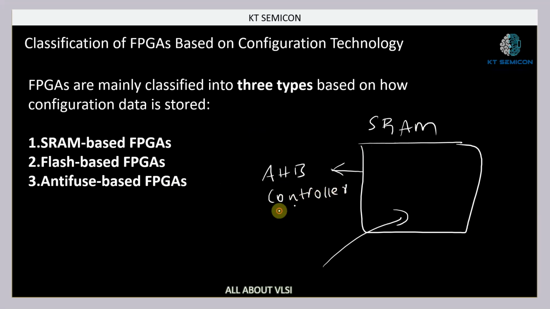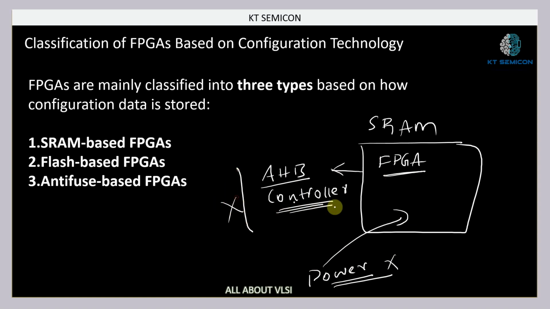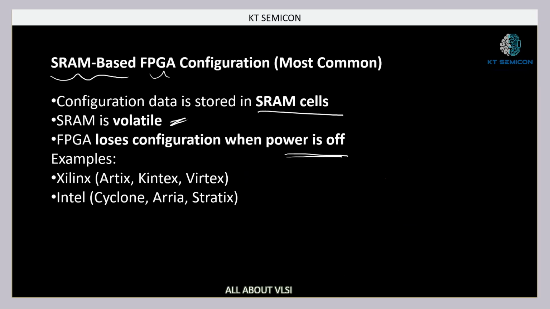You turned on the power and configured this FPGA to work as an AHB controller. If you remove the power, whatever configuration file you loaded, that functionality will be removed and it will again be a normal hardware with no functionality. So that is nothing but volatile.